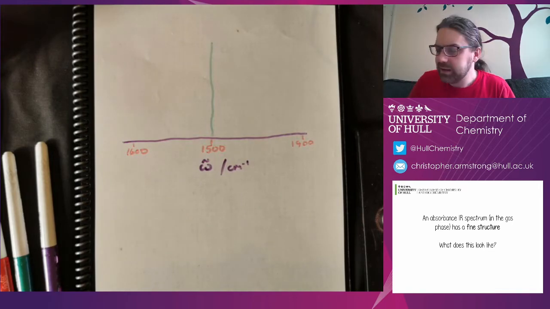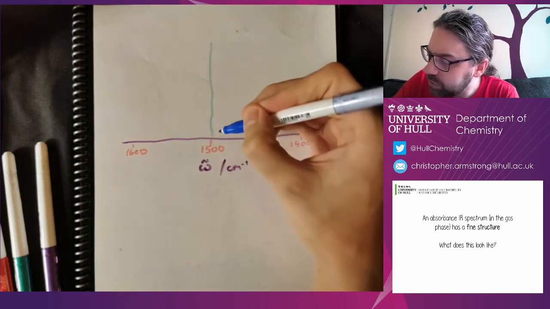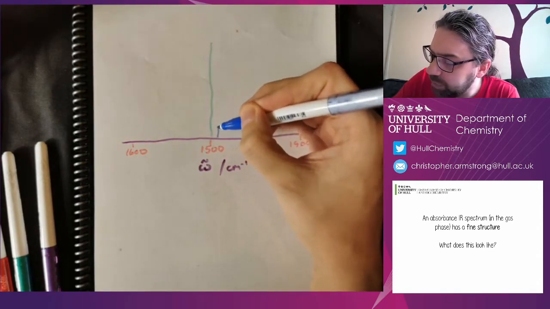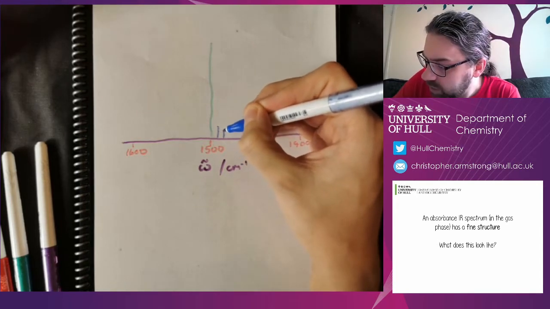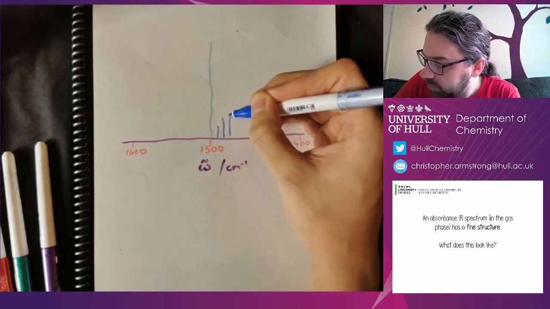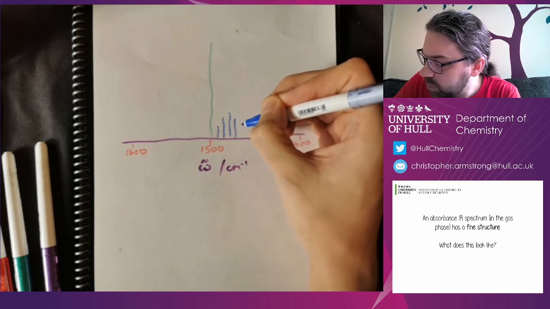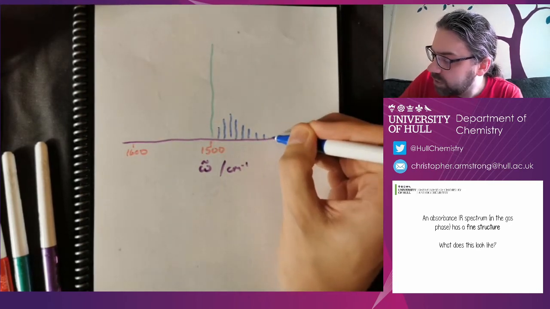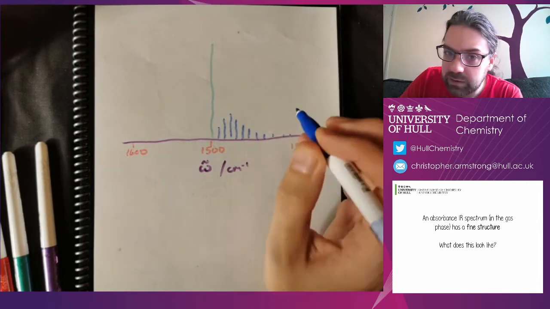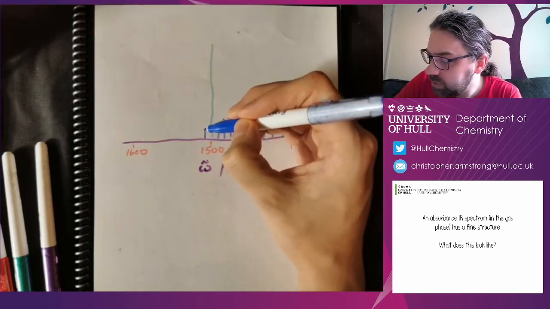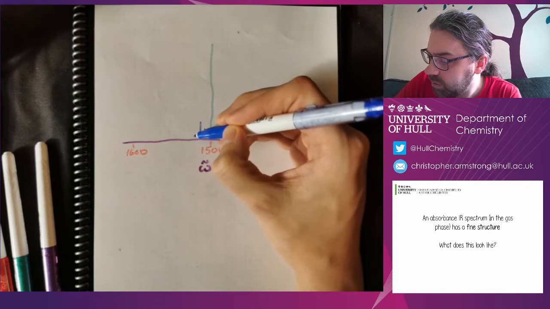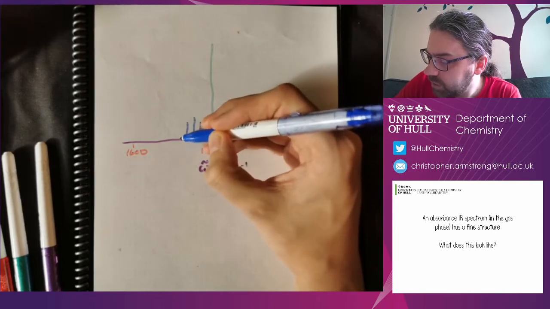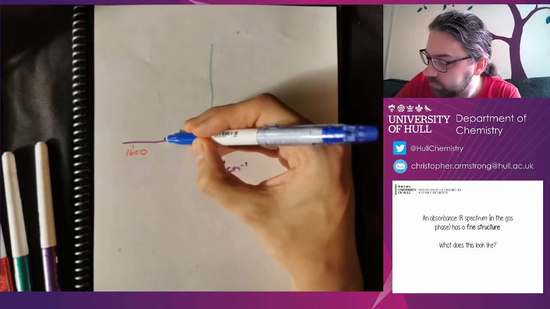Starting very close to here, we have a small peak, then another peak, then another, and these are mostly evenly spaced out. We'll get on to why they're not later. And then on the other side, peaks that keep rising up and then down.